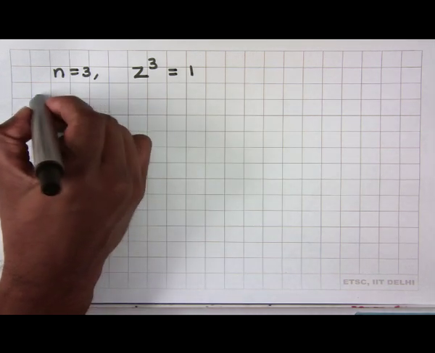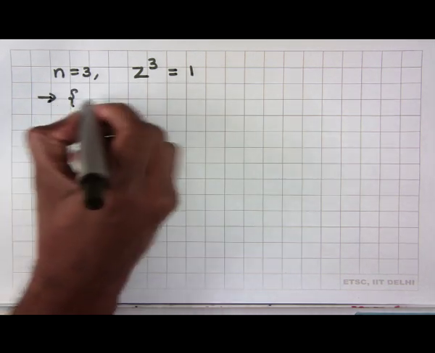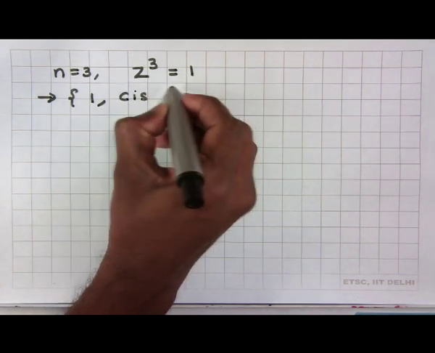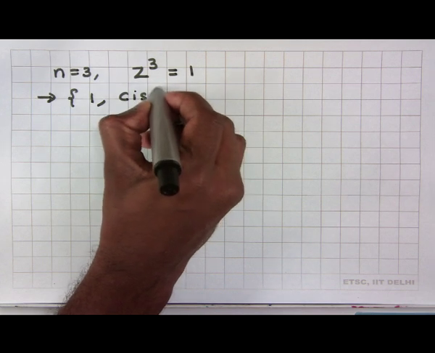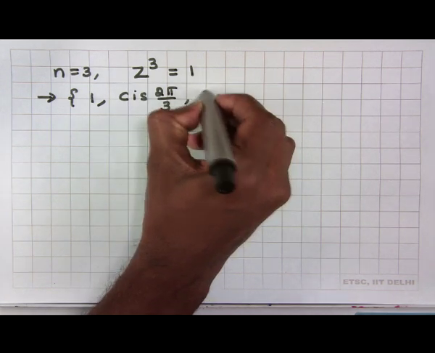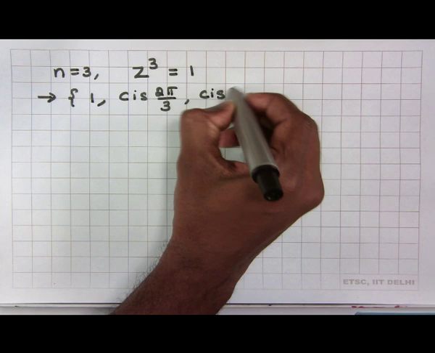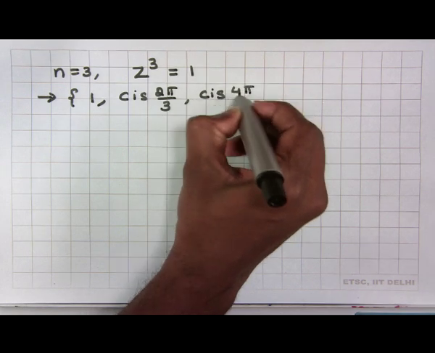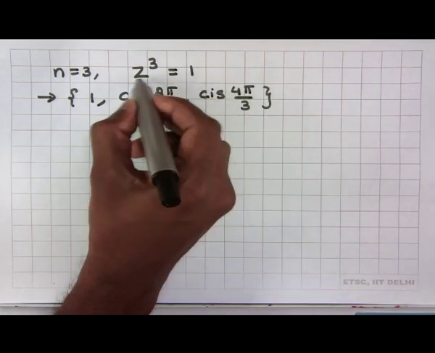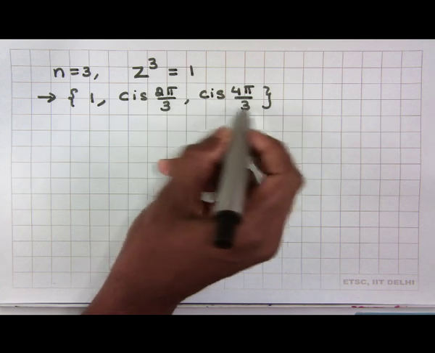We get the terms 1, cis 2 pi by 3, and the other term, cis 4 pi by 3. The complex numbers which satisfy this equation are these numbers.